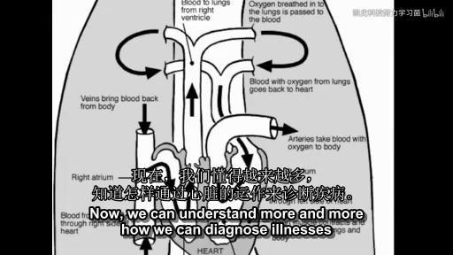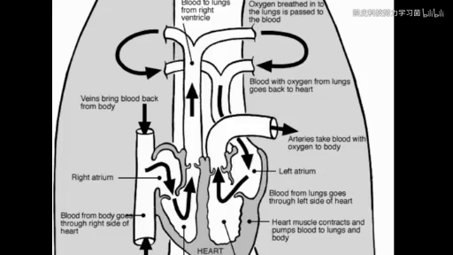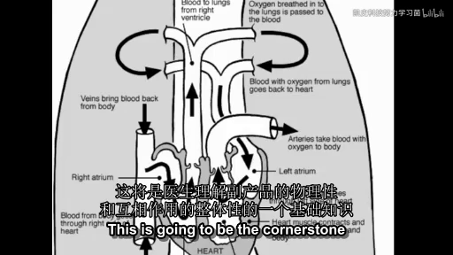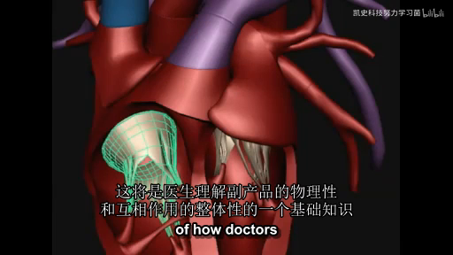Now we can understand more and more in how we can diagnose illnesses through the operation of the heart and the energy which they reach. This is going to be the cornerstone of the doctors and medicine people in the space.